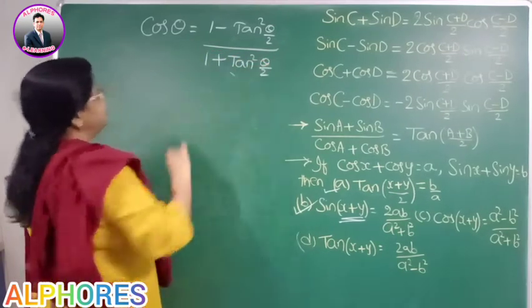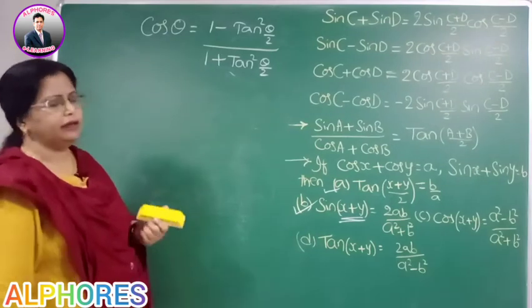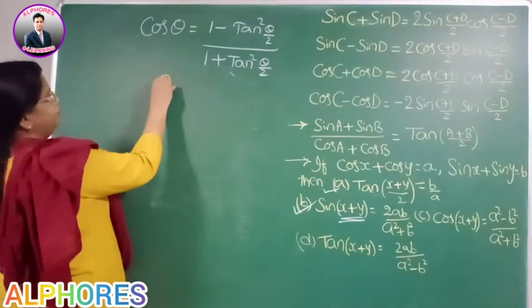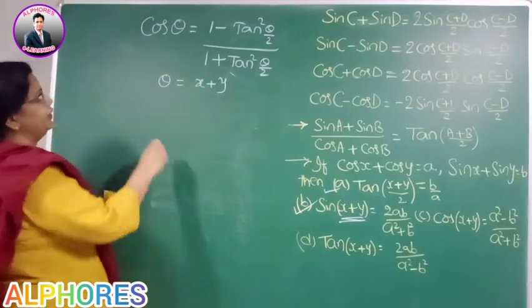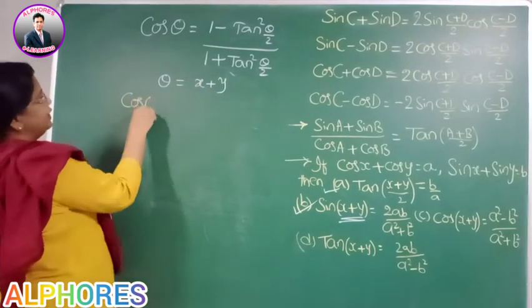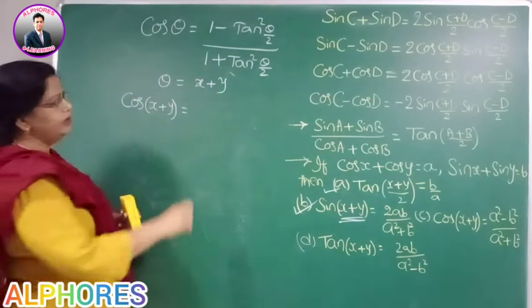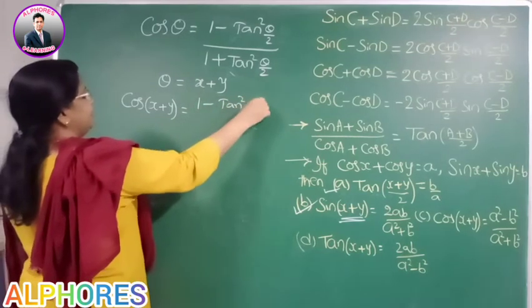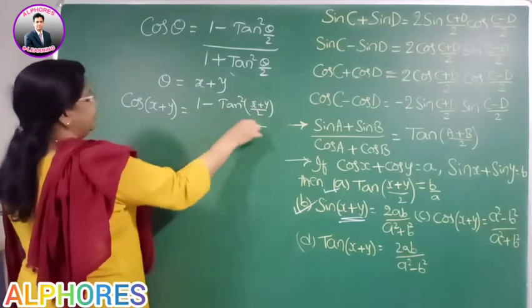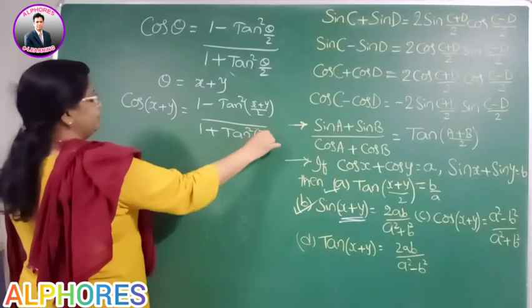So this is the formula from multiple and submultiple angles. Now what is your theta? Theta equal to x plus y. Then cos of x plus y equals 1 minus tan square (x plus y) by 2 whole divided by 1 plus tan square (x plus y) by 2, right?